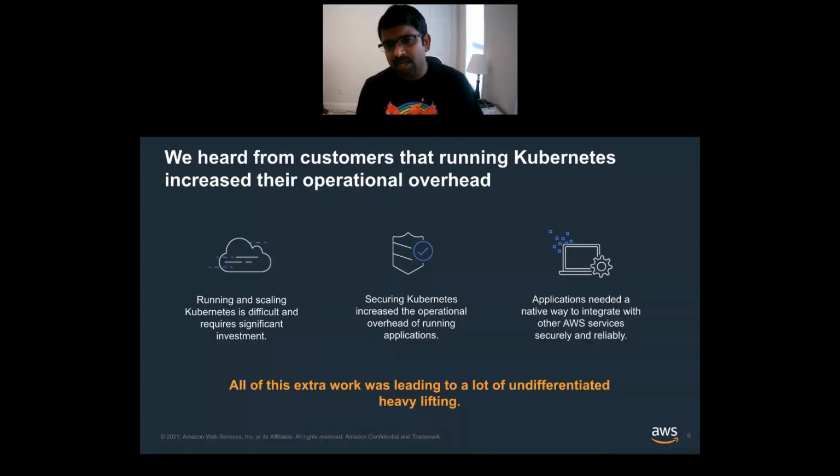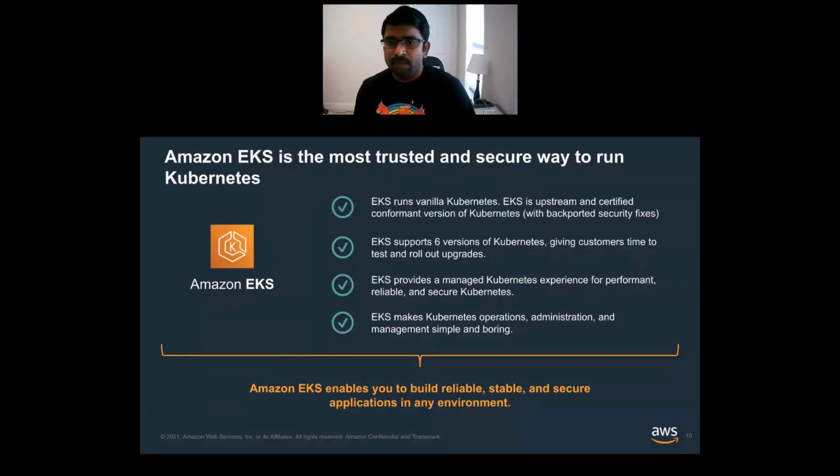On the next slide, let's look at a few important characteristics of the EKS service. First and foremost, EKS fully conforms to the open source Kubernetes version. EKS is completely upstream certified and conformant to Kubernetes. We even backport the security fixes to provide that consistency to our customers.